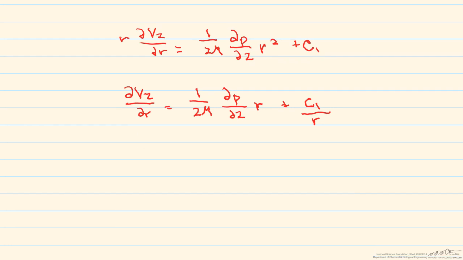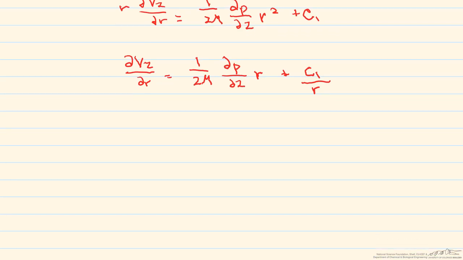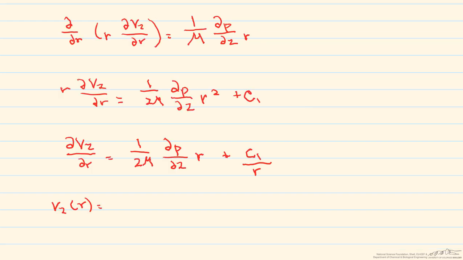And now we're going to integrate again, and we get that our vz of r, so our velocity in the z direction as a function of r, is equal to 1 over 4 mu dp/dz times r squared plus c1 ln of r plus c2.